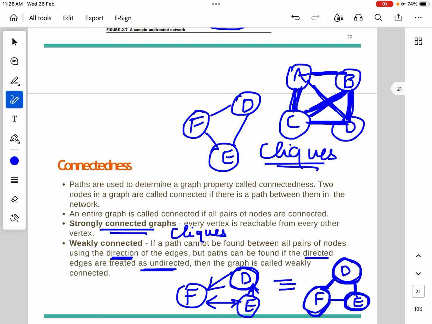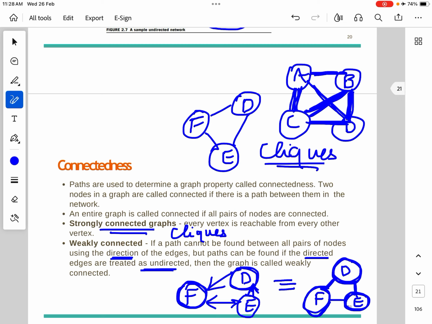Weakly connected means the path cannot be found between all pairs of nodes using the direction of edges. So the path from F is not found using directions. But if I convert this directed graph to an undirected graph, I can easily find the path. That's called a weakly connected graph.